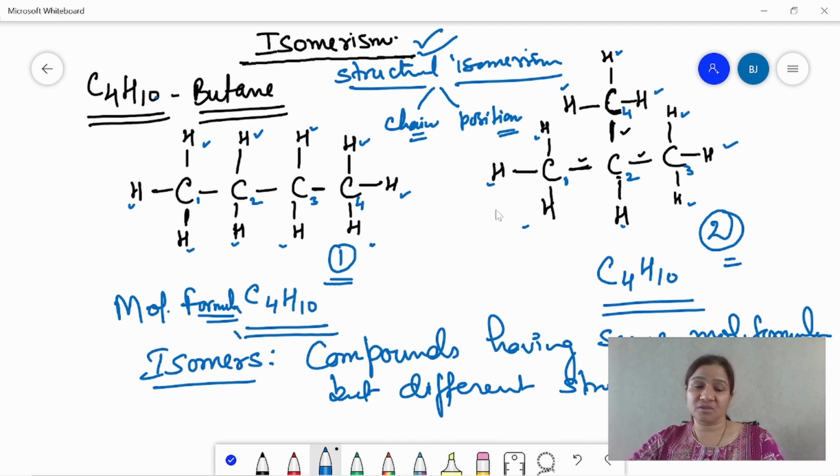If you see these two structures, they differ from each other on the basis of their carbon chain. Their carbon chain is different. One is straight chain, one is branch. So if I ask you what type of isomers they are, you can say they are structural isomers, or, if we specify it to some more extent, we can say they are chain isomers, right? So if I ask you for butane, how many chain isomers you can write? You will say 2 chain isomers are possible for C4H10, that is butane.